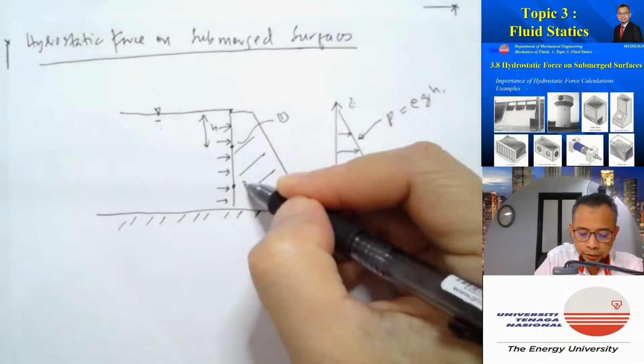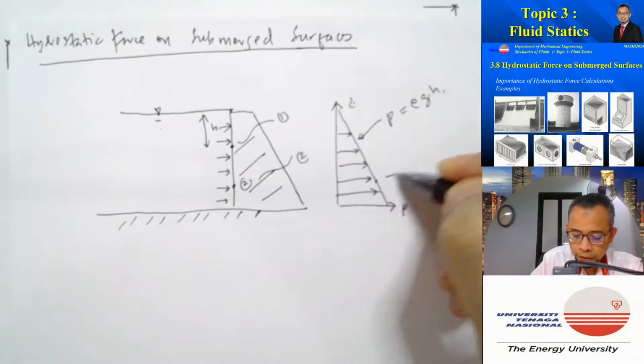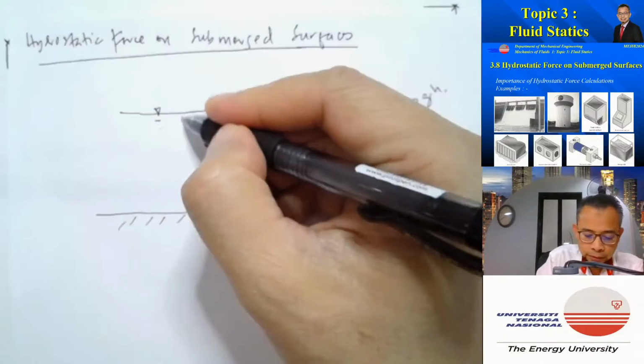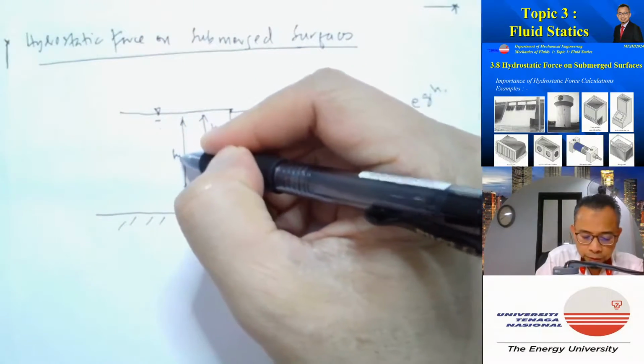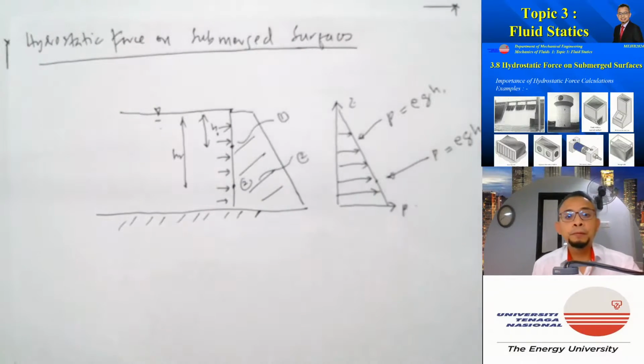Whereas at this point here, 2, let's say this is h2, this is h1, the pressure will be equal to rho g h2.